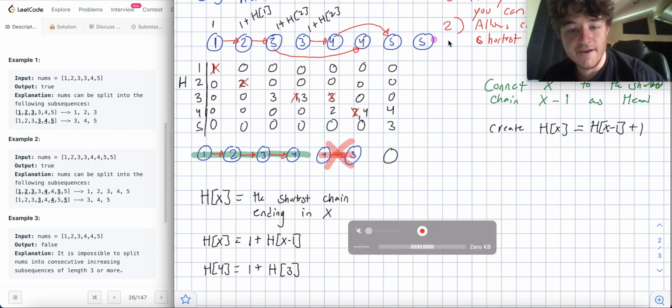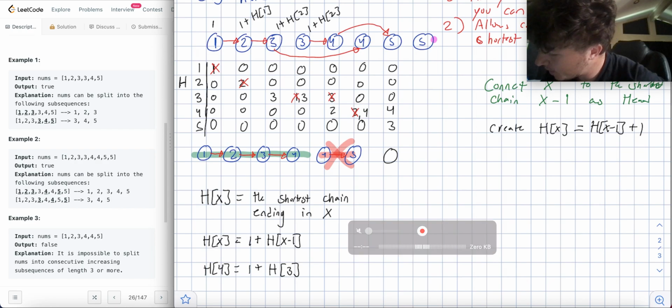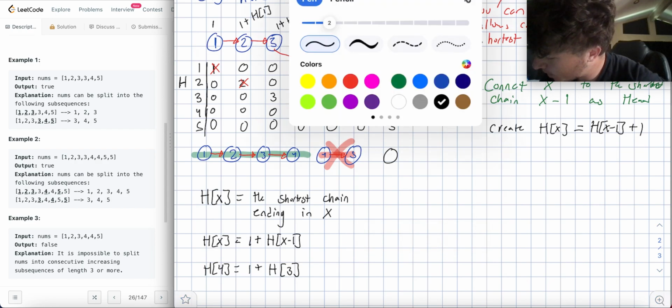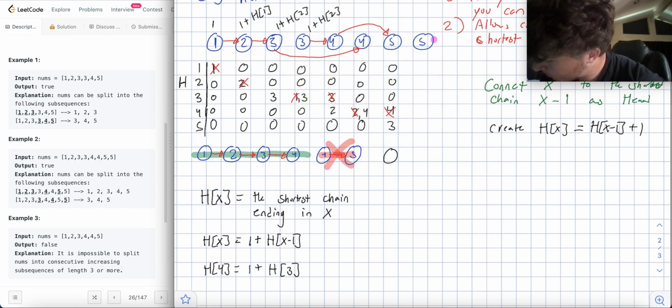So when I connect my 5, the longest thing to connect to is this 4. So now this is going to go away. And then this will become 3, 4, and this will become 0, 0, 0, 0. So there's 2 things ending in 5, it's just 4 here.